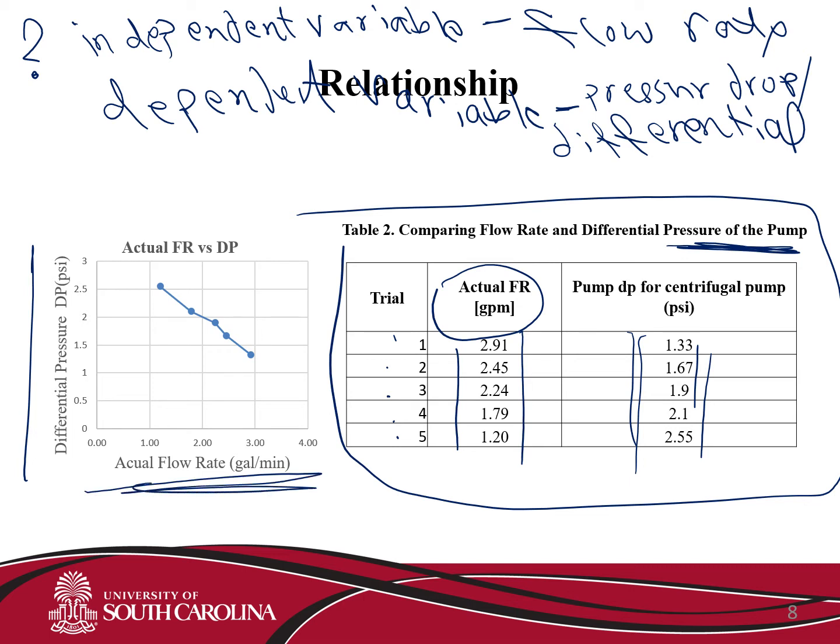It is observed that the differential pressure decreases with the increase in actual flow rate. This is figure 1, and then I will show you how from the second slide.